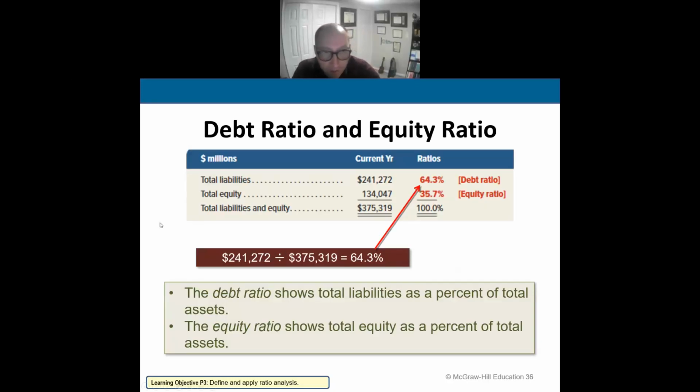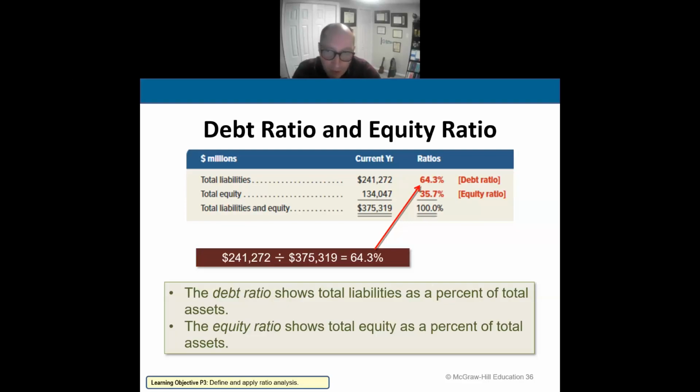Debt ratio. If you own a home, I guarantee the bank ran this ratio on you. If you own a car, the bank ran this ratio on you. It's called the debt ratio, well, the debt and equity ratio.